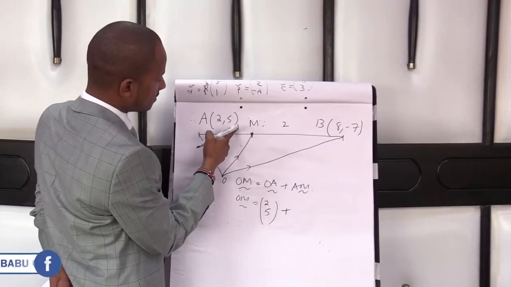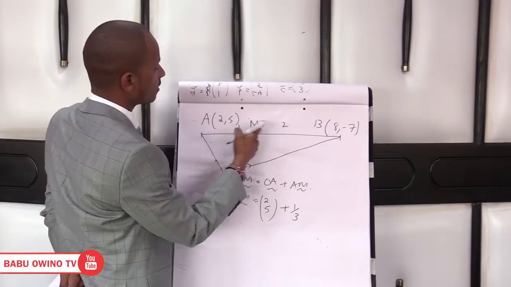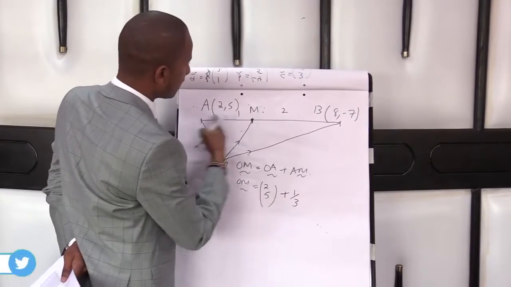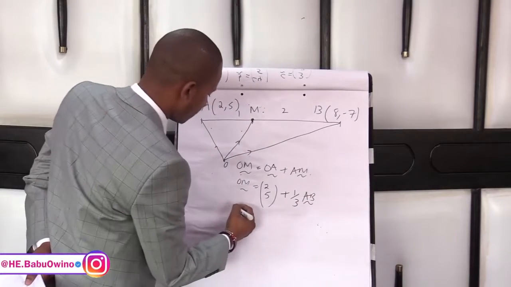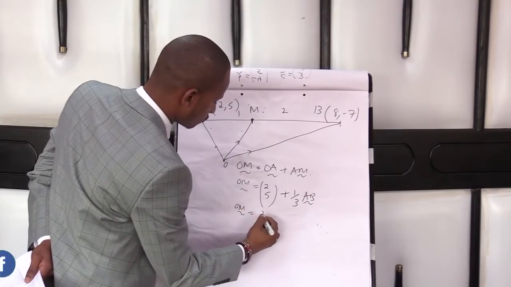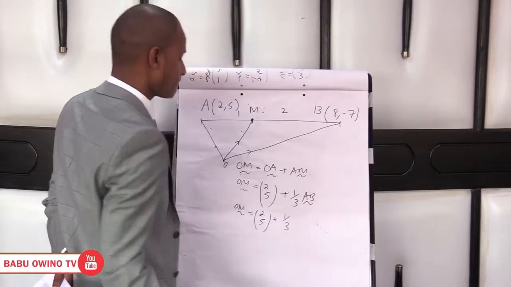AM is the ratio 1 over the total ratio, which is 1 over 3. Total ratio is 1 plus 2 is 3 of AB. Therefore, OM equals 2, 5 plus a third of AB.